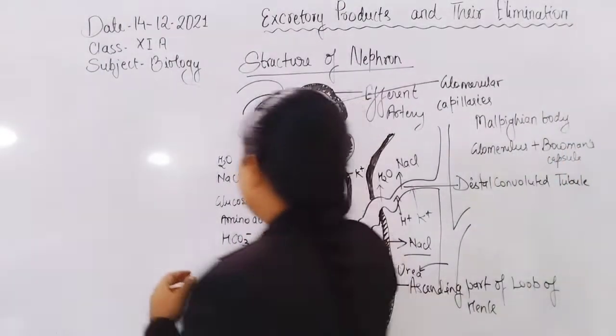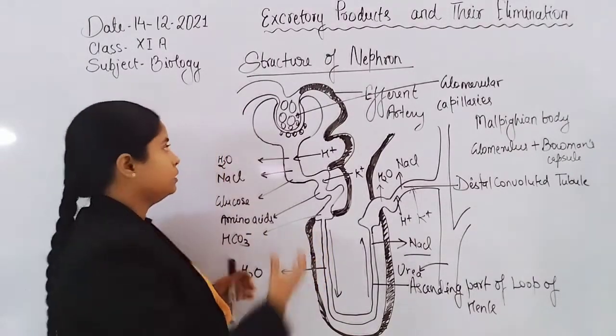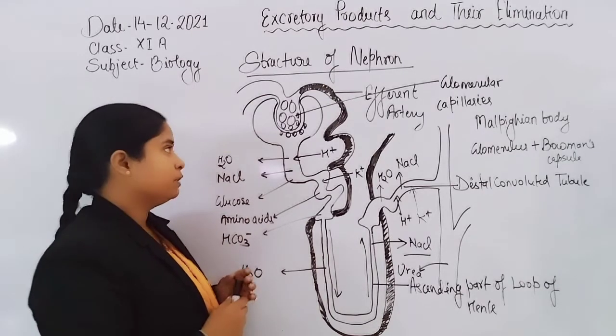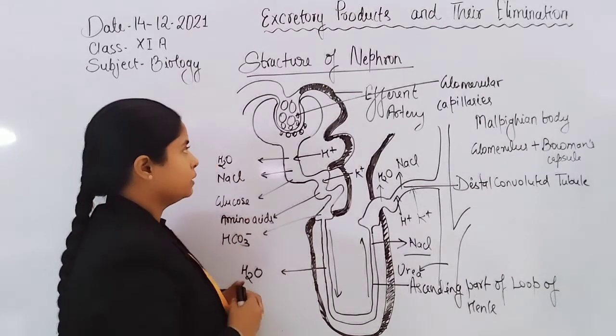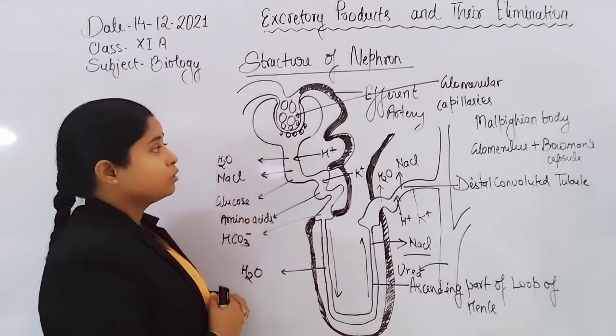First, the blood enters through the afferent arteriole, which is quite wider than the efferent arteriole, and all the blood constituents enter the glomerulus.